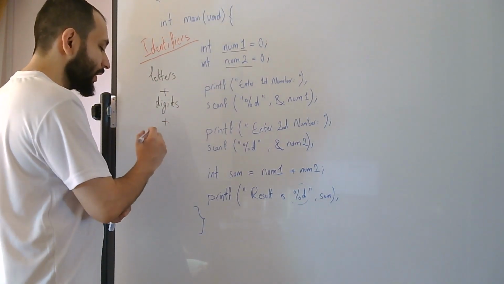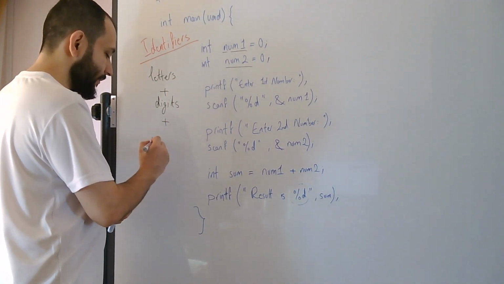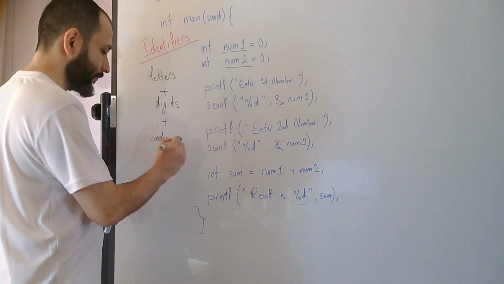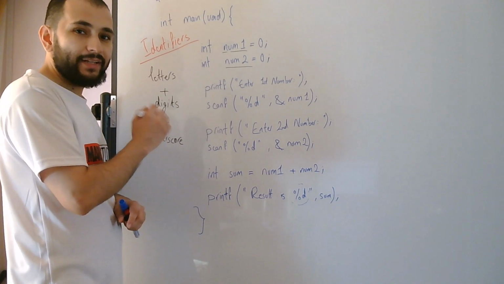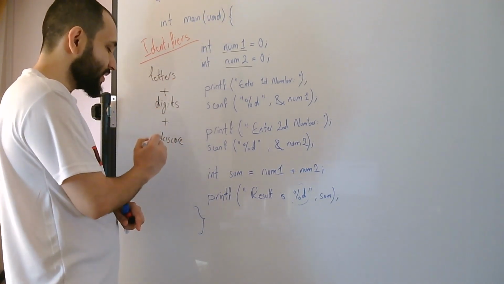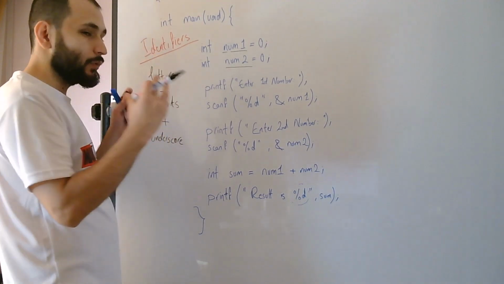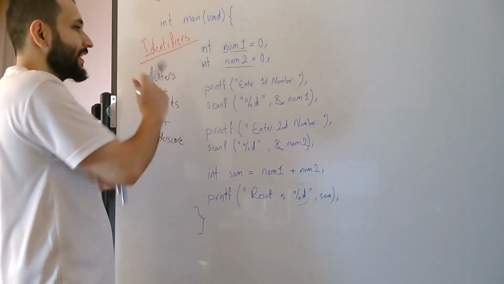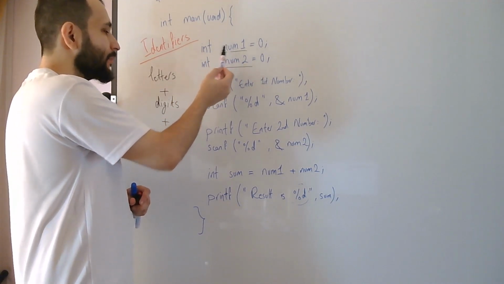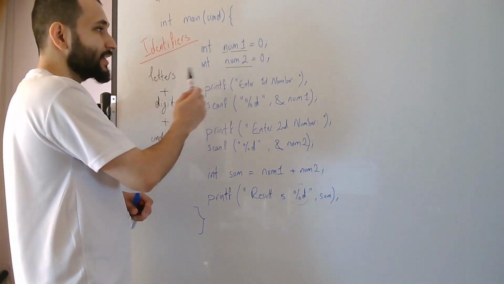And then we can also use underscore. So an identifier can be a composition of letters, digits and underscore, and when we combine them, we can create an identifier. For example, here, num1 is a combination of letters and digits.